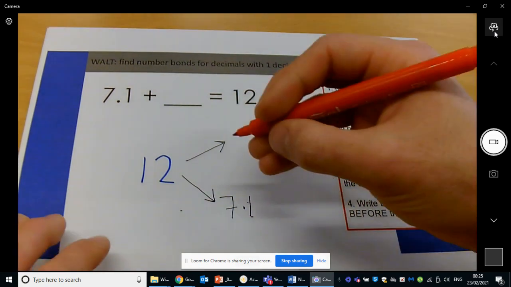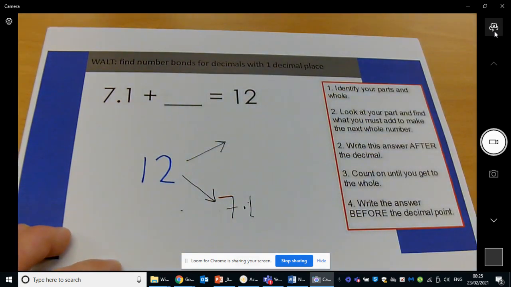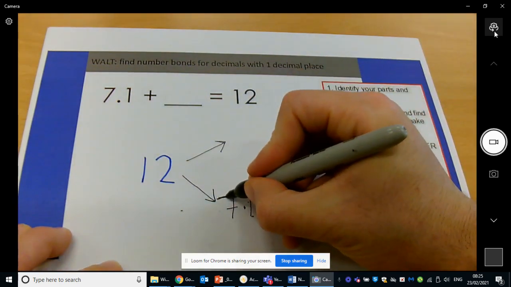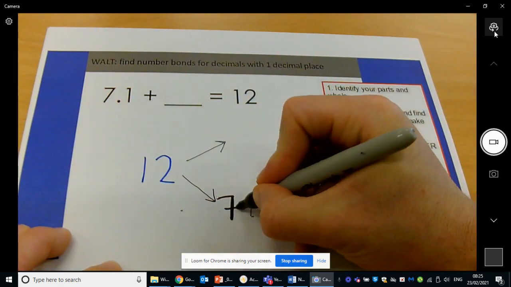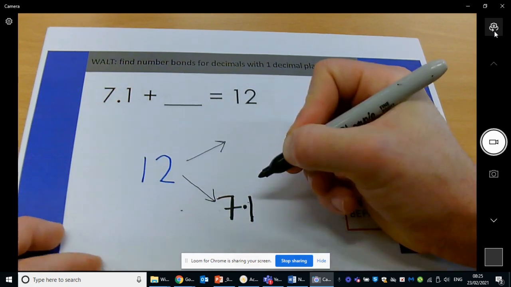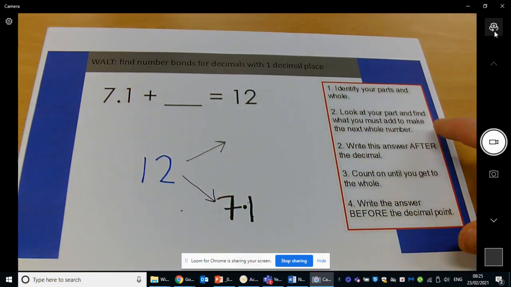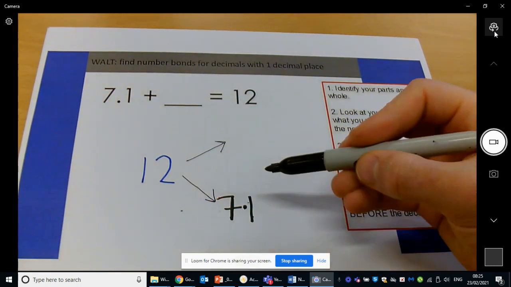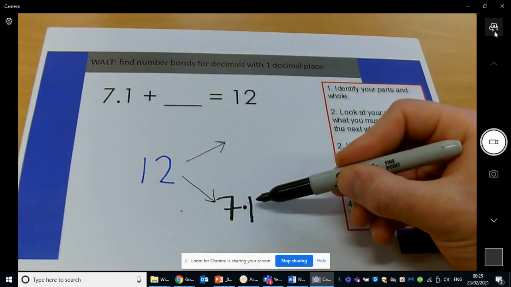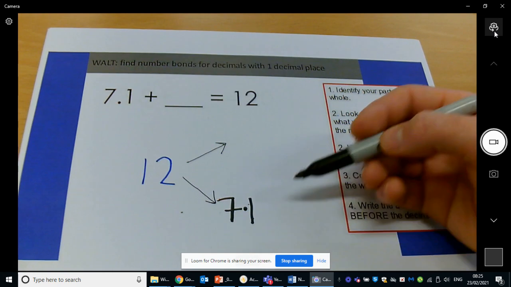Look at the part, which actually I'm going to make a little bit clearer for you. There we go. So look at the part and find what you must add to get to the next whole number. If I'm on 7.1, what number bond does 1 make with 10?